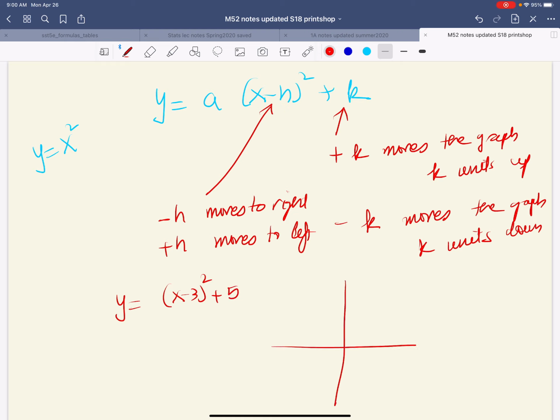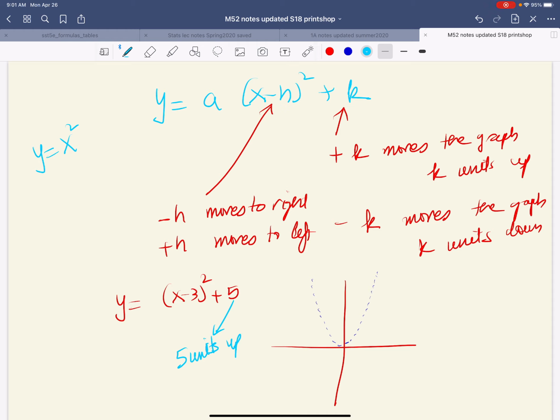We already know y equals x squared is a graph that looks like this. I'm just using a rough sketch. How are we going to be able to move this graph? Well, it tells me that I need to move my graph 5 units up.